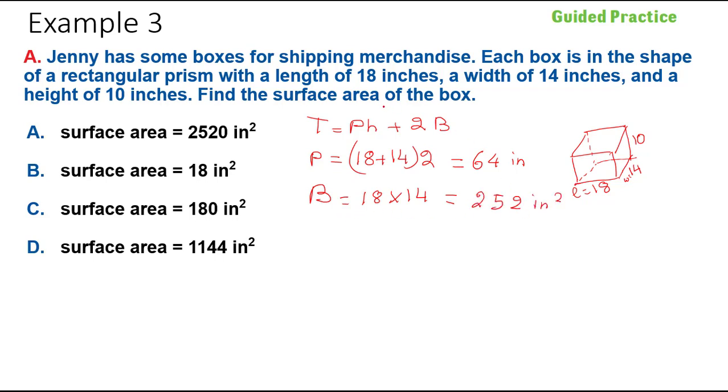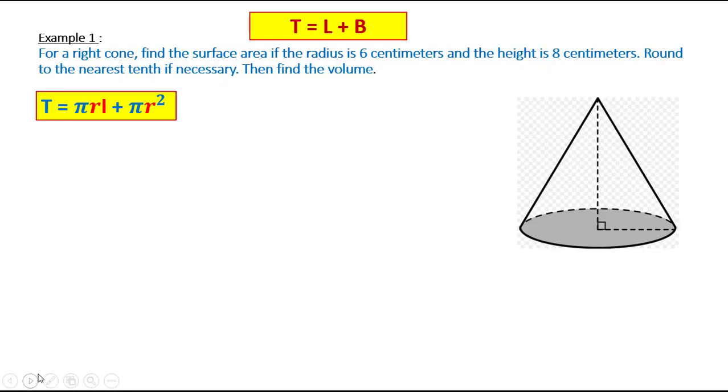Now, we have all of the information that we need. So the total surface area equals 64 multiplied by 10 plus 2 multiplied by 252. And this will give me 1,144 inch squared.